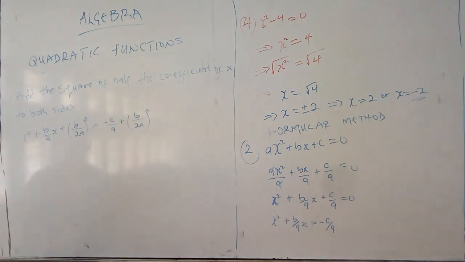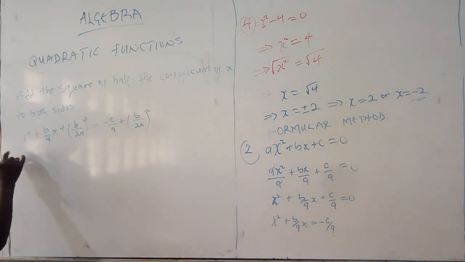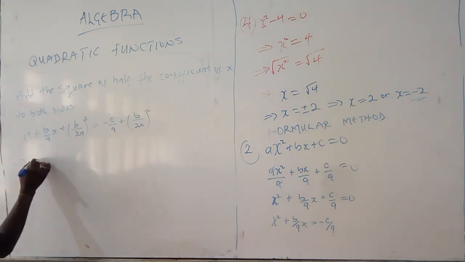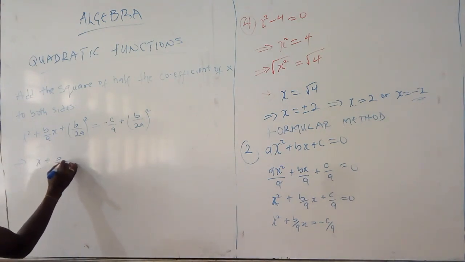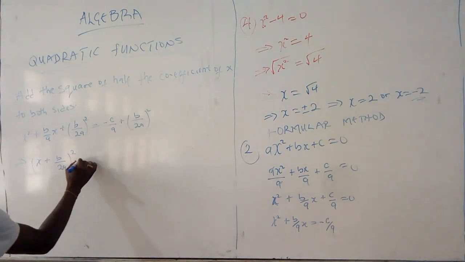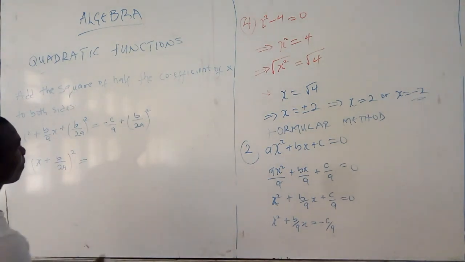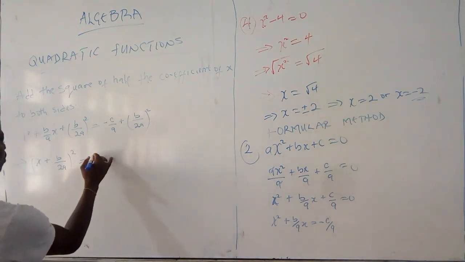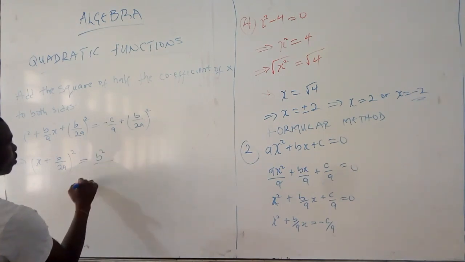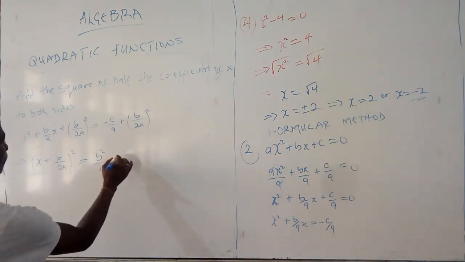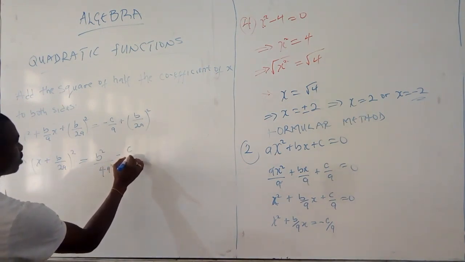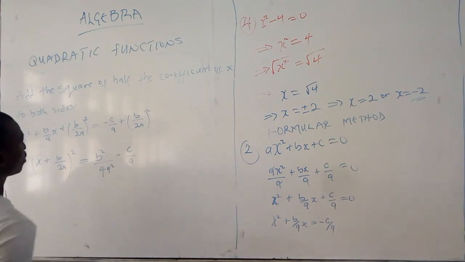By adding this to both sides, you have x plus b all over 2a all squared. It is equal to, from here you open it up, b squared all over 4a squared minus c over a.